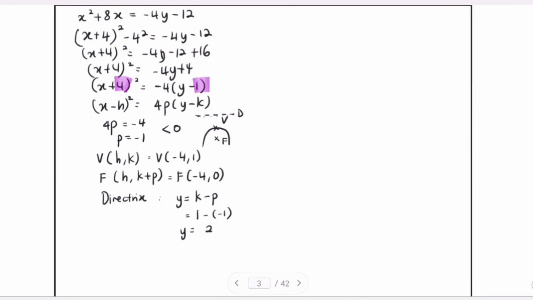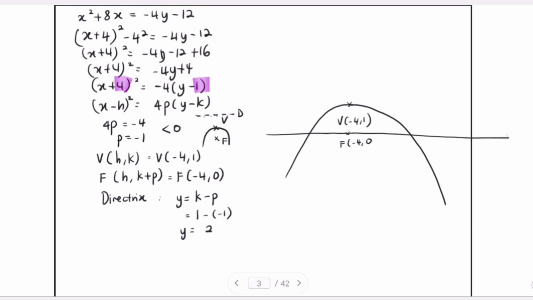Let's sketch the graph. So basically you know that the shape is open downward. So let's label v over here. That will be (negative 4, 1). And this is our f, which is (negative 4, 0). So this is the x-axis.